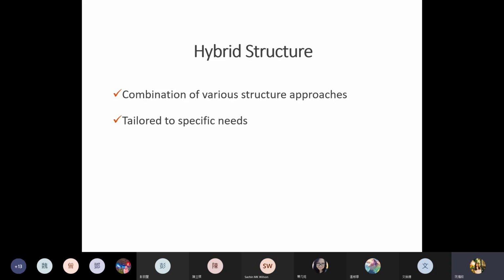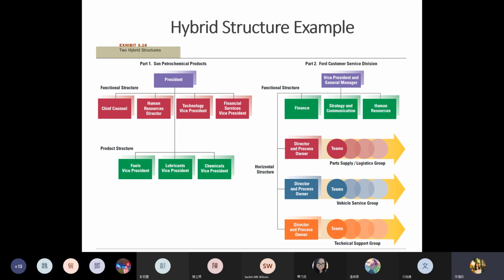In this structure, the company will try to customize, to tailor different parts of its organization structure to the specific needs of different branches, divisions, or units. It's often used in rapidly changing environments and it offers greater flexibility. So we can look at this one.